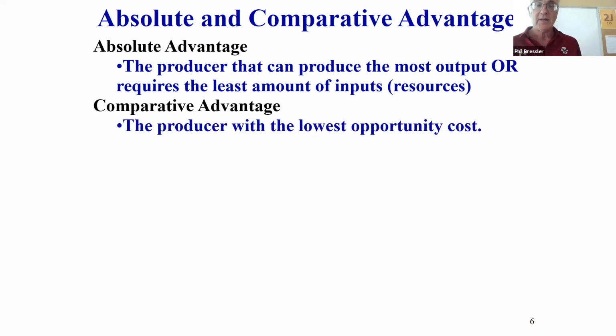Comparative advantage is the producer with the lowest opportunity cost. I'll show you in a minute how to get that. And that would make sense. The producer who has the lowest opportunity cost is going to focus and specialize on that product. So if the United States has the lowest opportunity cost in cars, they'll make cars, and then Japan would make computers. You cannot have the comparative advantage in both products.